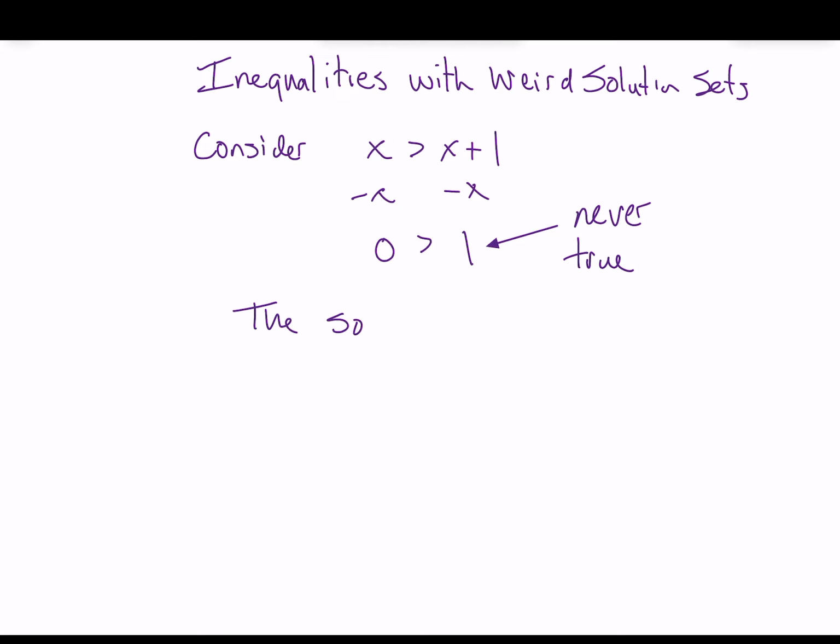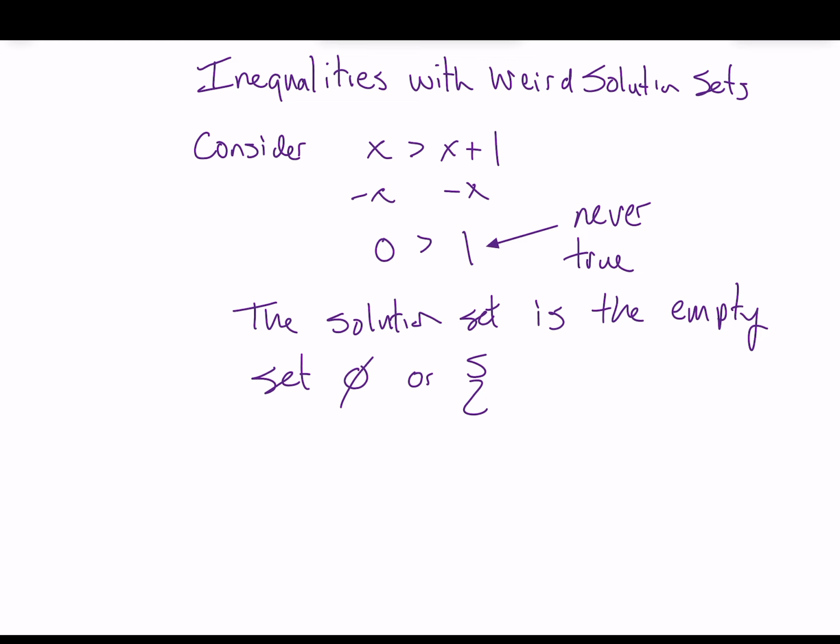So the solution set for an inequality of this type is called the empty set. And the empty set has its own little symbol, which is like a 0 with a line through it, or in set notation, brackets with nothing inside, which signifies there are no solutions.